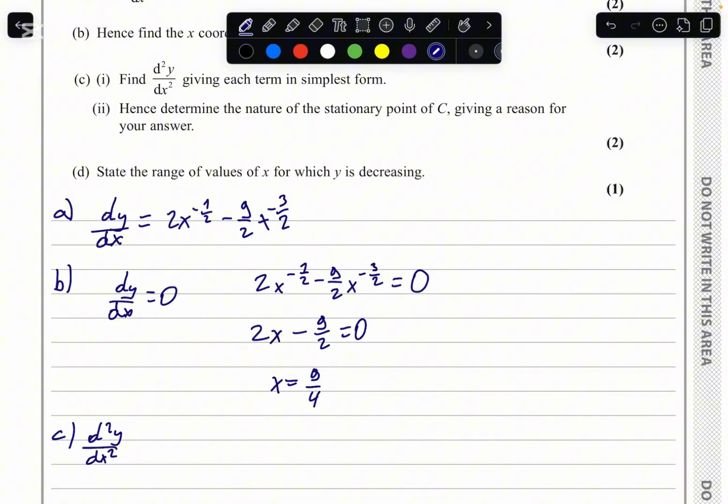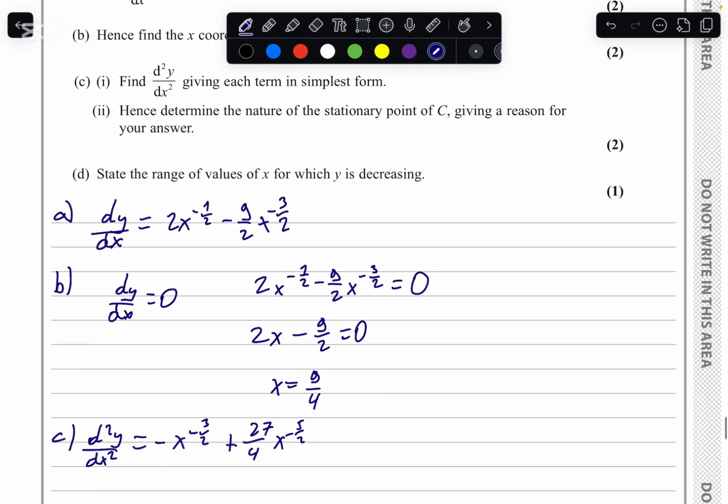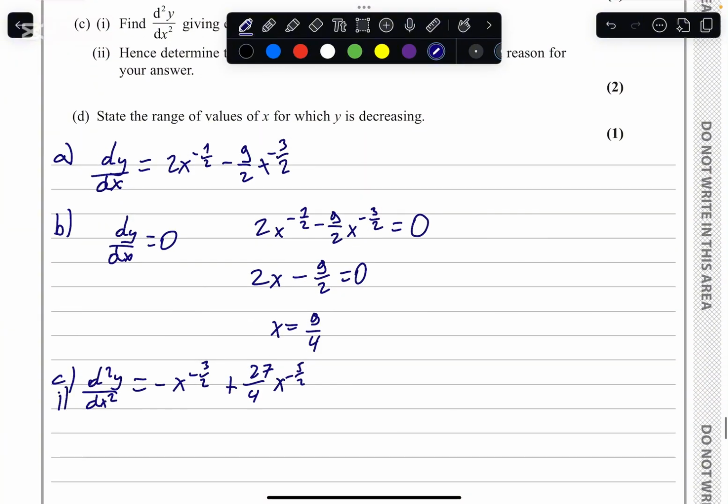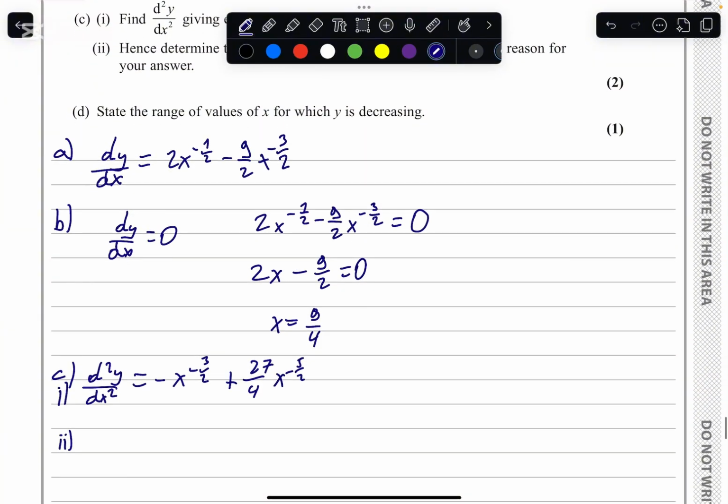That is just the second derivative, so that gives us an answer of minus x to the minus 3 over 2 plus 27 over 4x to the power of minus 5 halves. And we need to determine the nature of the stationary point of C. How do we determine this? If d squared y over dx squared is bigger than 0, then it's a minimum.